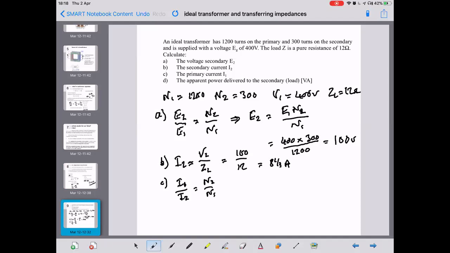So that transforms to I1 is I2 times N2 over N1. I2 was 8 1/3 times N2, 300, over N1, 1200.